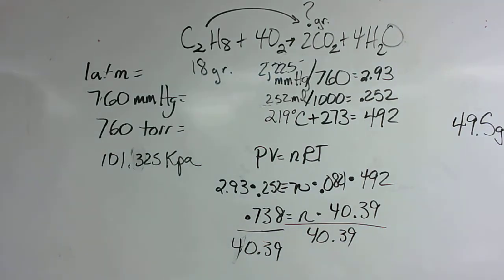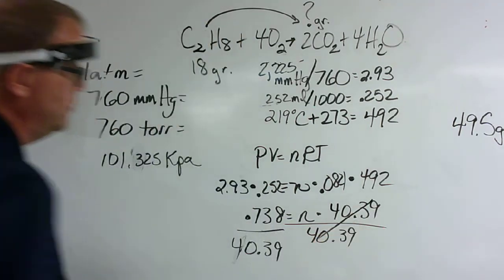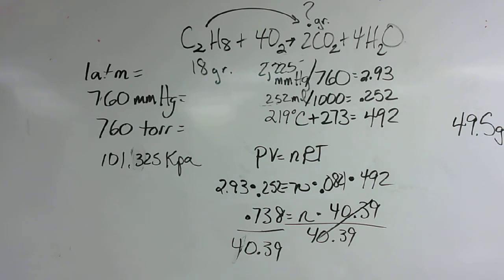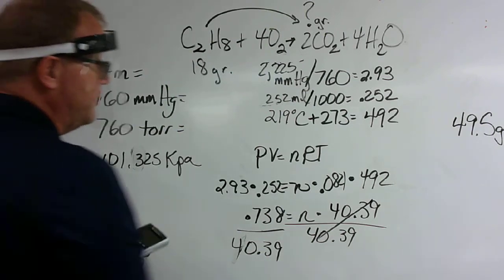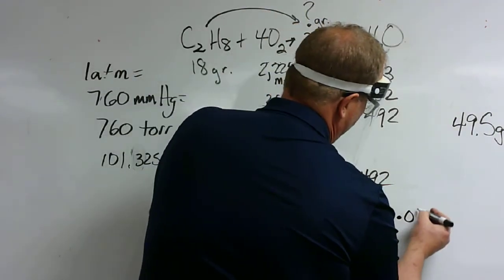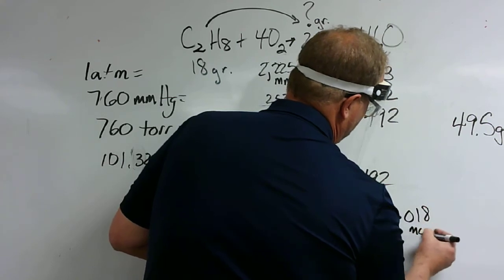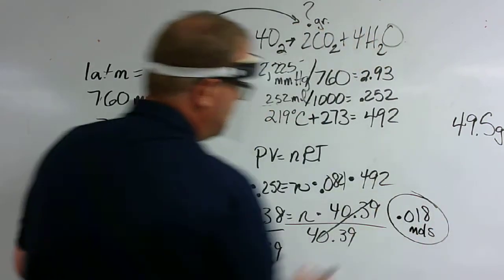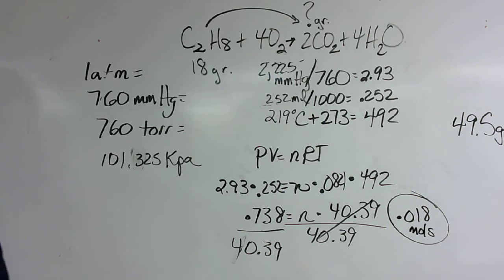And then all I have to do is divide to get my moles. All that work just to get the moles, which we've done before. And I've got 0.018 moles. So I got my moles. Questions on that part? Again, we just want to get everything to moles. If it's not, get it to moles.